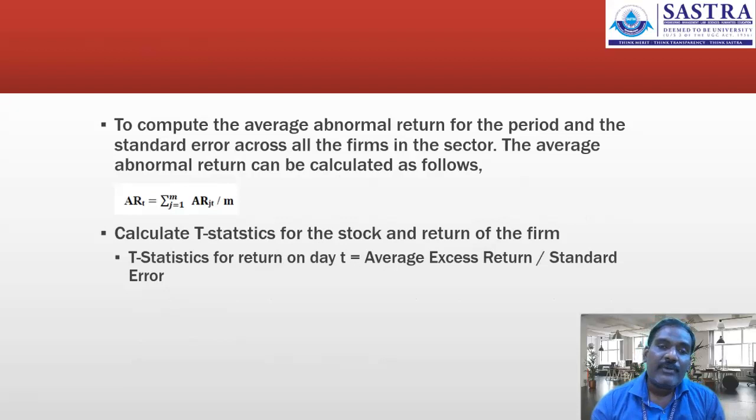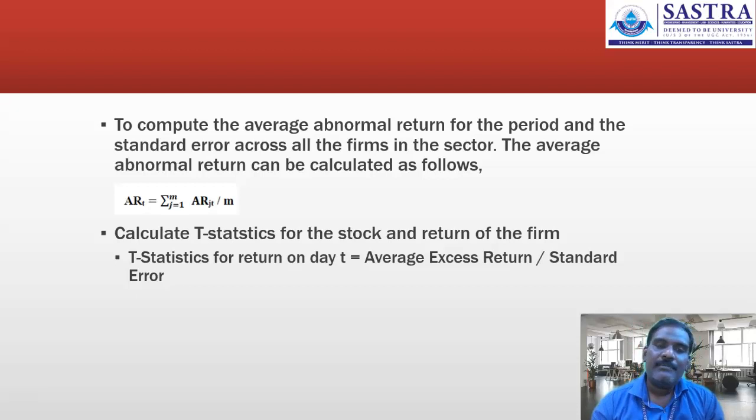The next one, you can compute the average abnormal return during the specific period, along with the standard error, which can be estimated from the firms in all sectors. The average abnormal return is the abnormal rate of return generated during the specific period of time, divided by M, the number of firms in the event study.